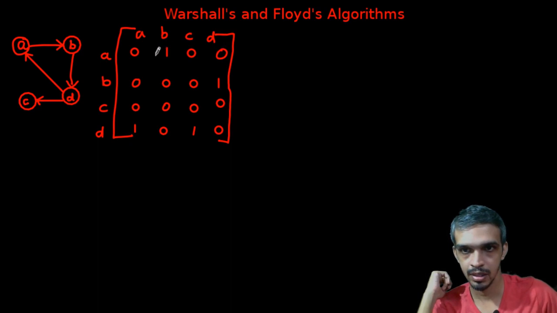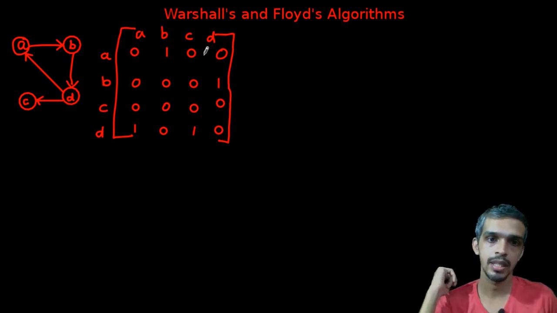Since in matrix representation we will be putting a 1 only if two vertices are directly connected. Here A and D are not directly connected, so we will be putting a 0 instead of 1. So if you want to find out whether there exists a path, you need to do Warshall's algorithm.